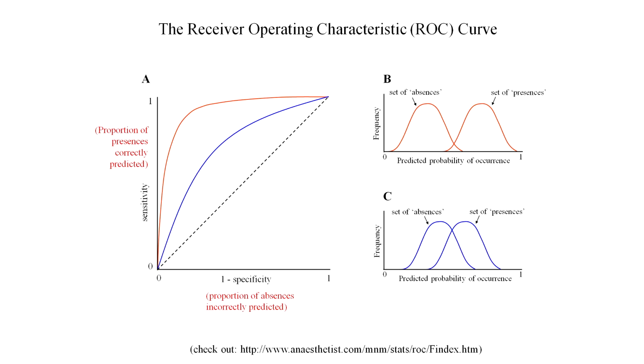What we would hope is that the set of presences have a frequency plot where they're generally at higher probabilities. You would hope that your presences are usually predicted with a higher probability of occurrence. That's what we're trying to depict here. This is our set of presences, and this is our set of absences. The absences tend to have lower probabilities of occurrence, and the presences tend to have higher predicted probabilities. A better model is going to look like this, and a less good model is going to look like this, because the set of absences and the set of presences overlap more.